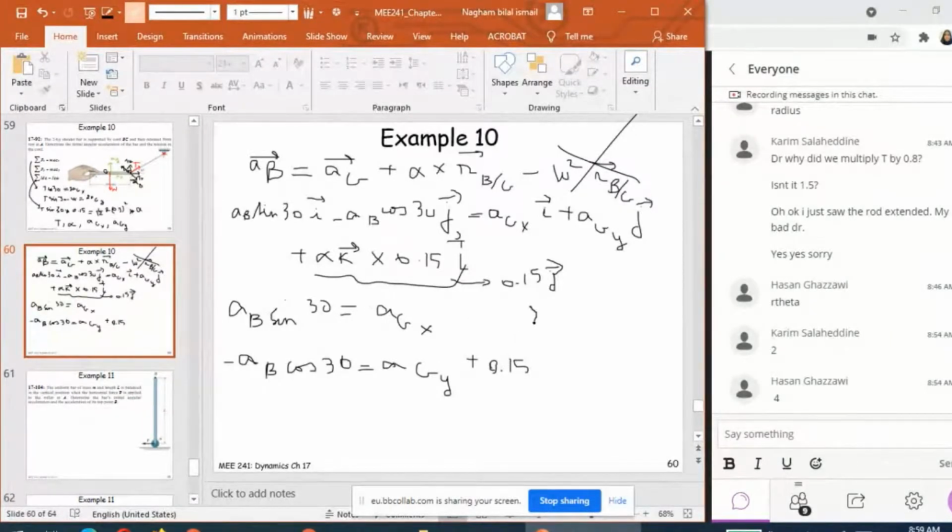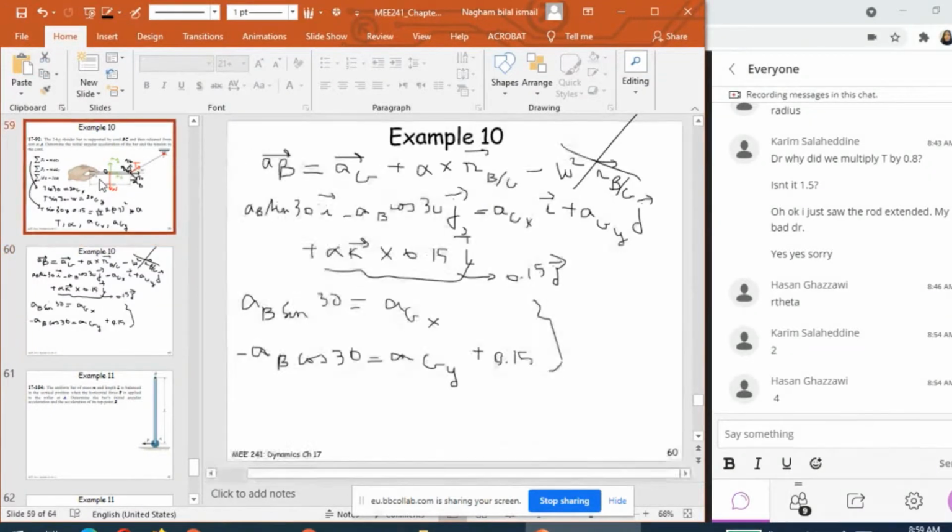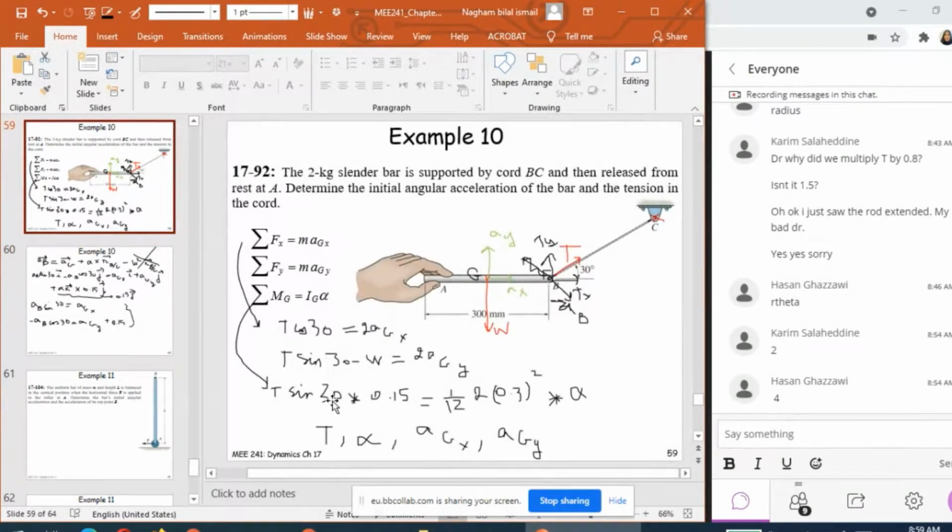Right? So here, guys, I added two equations with one added unknown. I only have one added unknown, which is AB, but I can have two more equations. So if I add these two equations to these three equations, I'm going to have five equations, five unknowns, so that I can find all my unknowns.